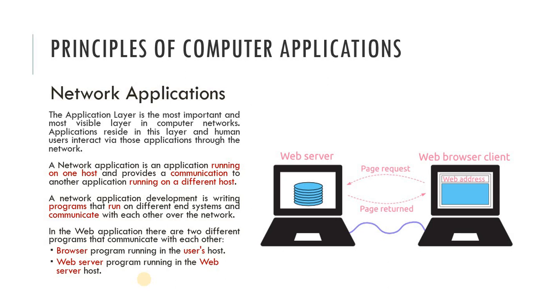In a web application, there are two different types of programs that communicate with each other. First is a browser program which is running on the user host, and the second is a web server program running on the web server host. So mainly two types of programs are running: the browser on the user host, or the client, and the web server running on the server PC.